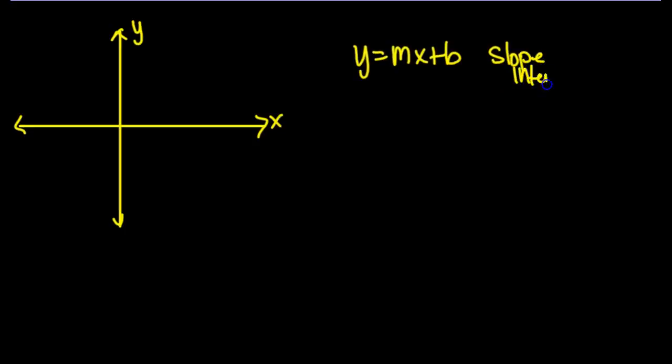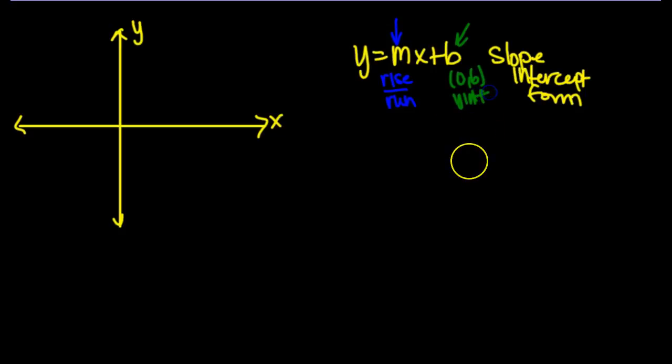Does that ring a bell? Slope-intercept form means literally they have given you the slope and the y-intercept. This gives you rise over run. This tells you what to do. And this tells you where to start from. And we will start on the y-axis. This is the y-intercept. So we will start on the y-axis and graph from there.